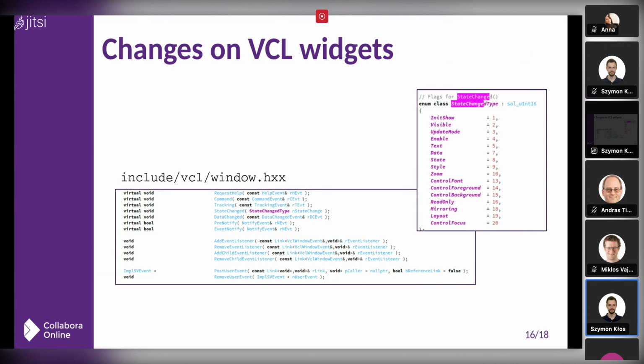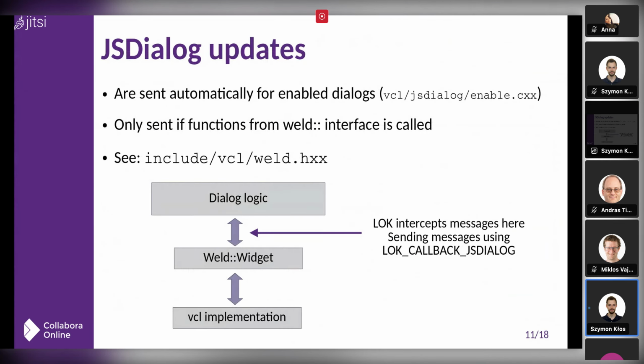But more useful are the JS dialog updates for Collabora Online. This is a layer above the VCL implementation of widgets, and we migrated the dialogues to that.